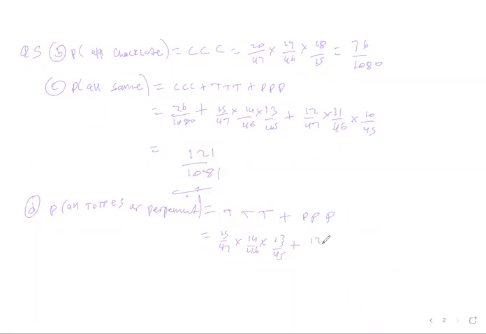Okay, 12 over 47 times 11 over 46 times 10 over 45. This must be able to give you 45 over 1080. So we have answered your question.